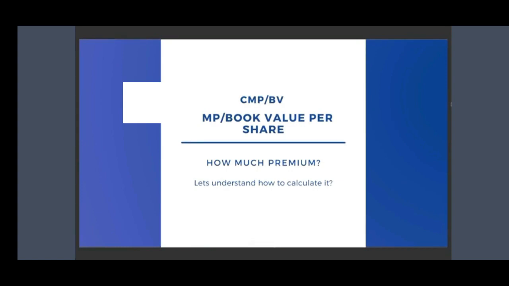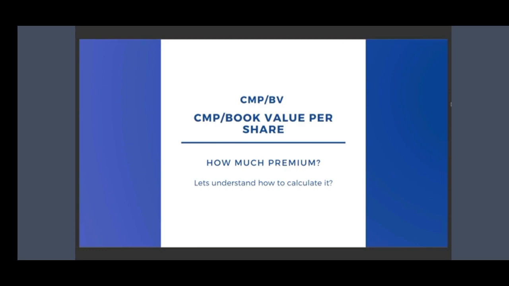So this ratio means that you want to know how much premium you are giving for one company at that specific current market price. So let's say today's stock price is 800 rupees for one company A, and the book value is 400 rupees of that company. So you are paying 2 times the book value to buy that one share of the company.